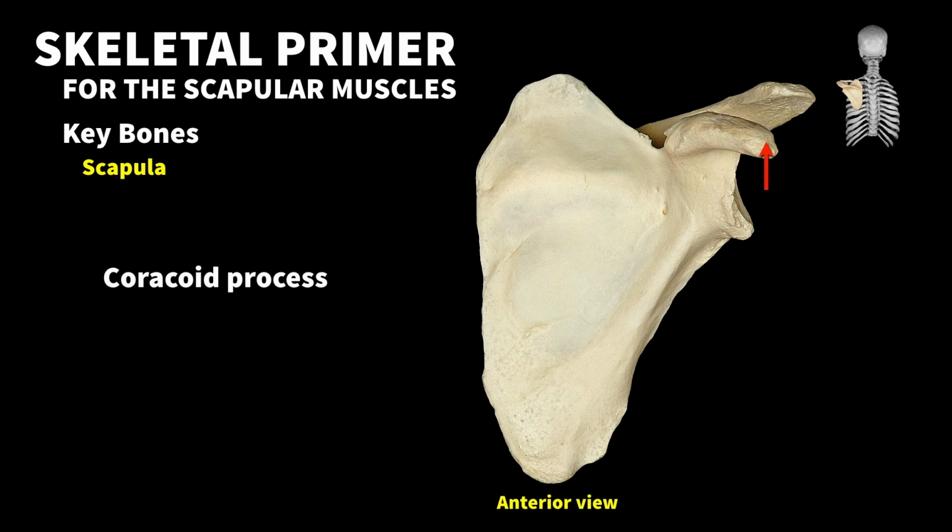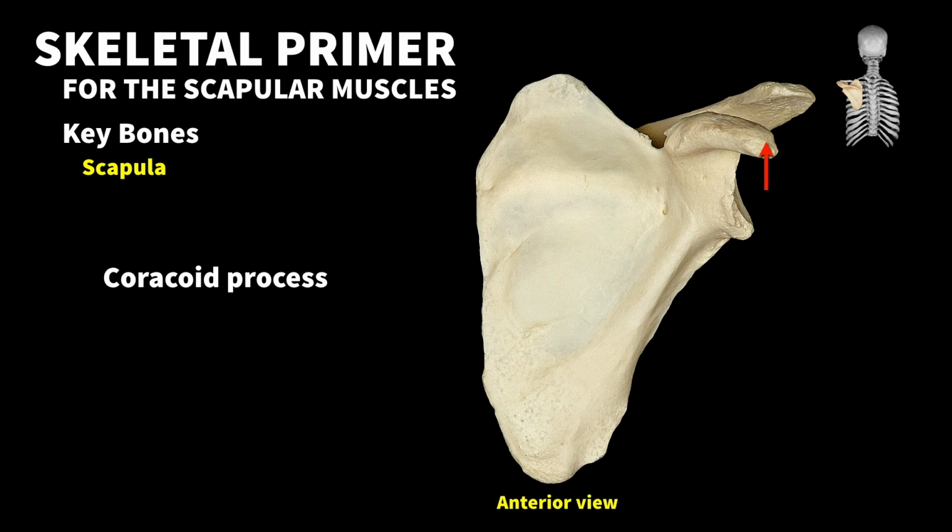This is the coracoid process. The word coracoid means crow-like, because the ancient anatomists thought that this process resembled a crow perched on a branch. This series of landmarks, then, form the attachment sites for 6 of the 7 muscles in the scapular group.